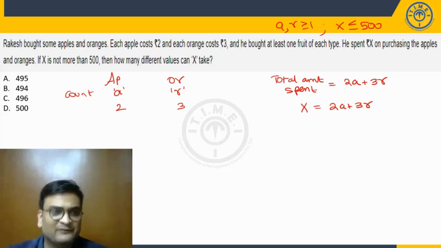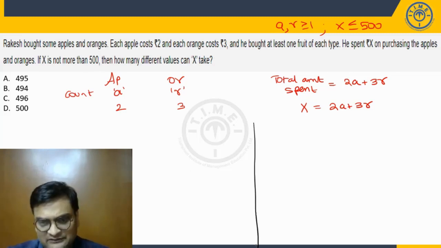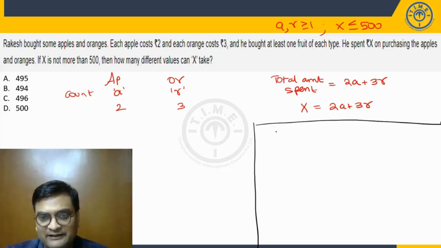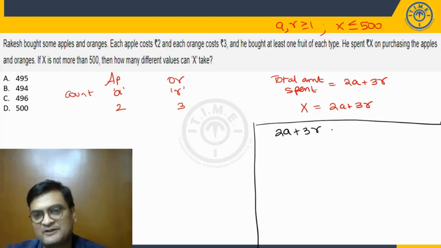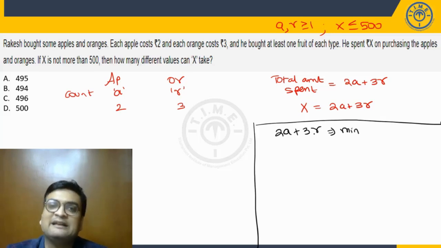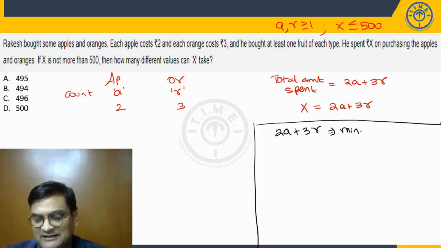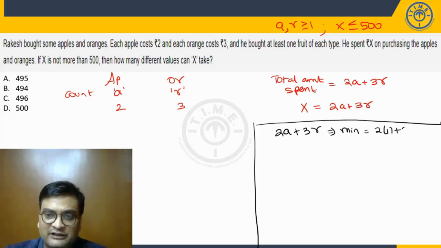Okay, let's check. We have to focus on the expression 2A plus 3R. Can we say the minimum value for this expression will be when A is 1 and R is 1? That's the minimum value of A and R. So the minimum value is 2 into 1 plus 3 into 1, which is 5.